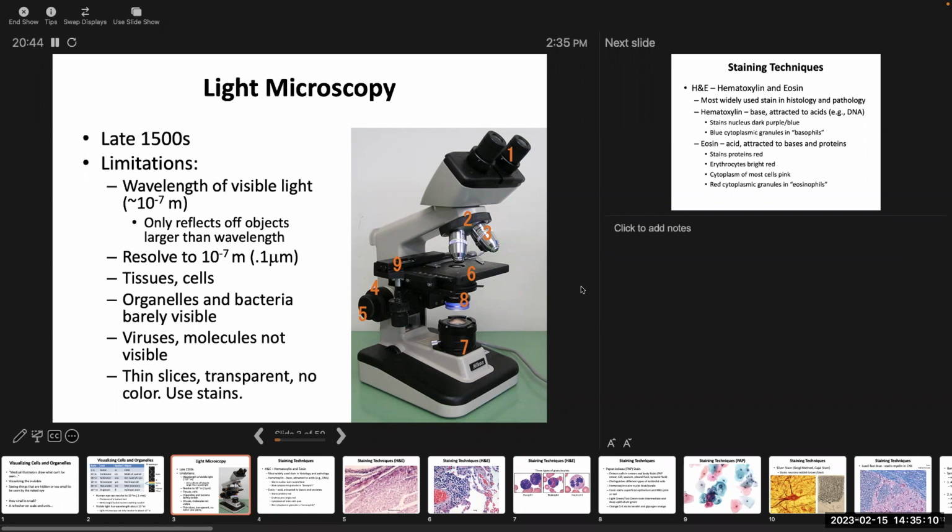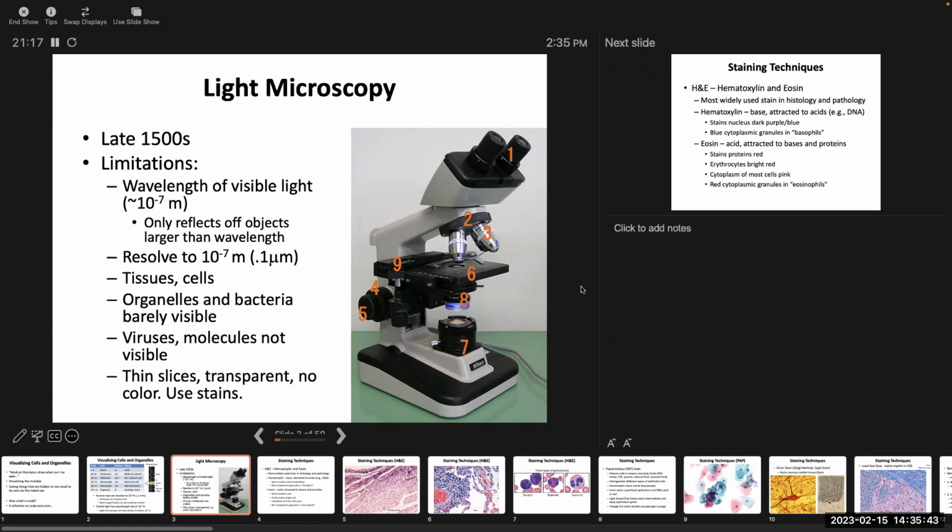But what that means is that the slices that you're creating have to be so thin that they're almost not visible. If you just took a thin slice through some tissue or organ, or a little slice through a piece of a plant, put it on a microscope slide and looked at it under the scope, you'd hardly see anything, because it has to be so thin to let the light through that it's virtually invisible unless you stain the sample.